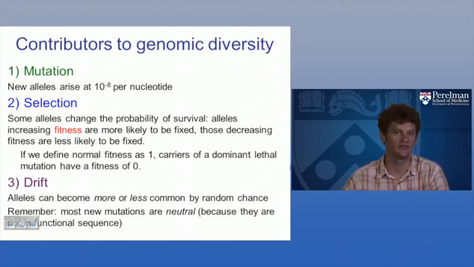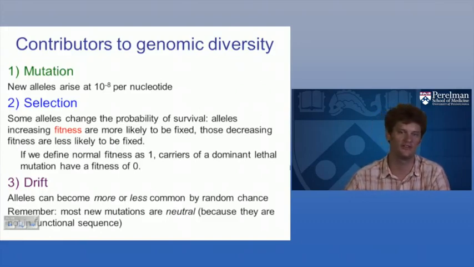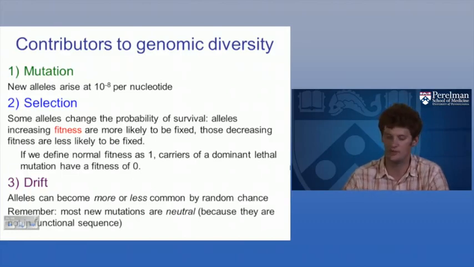And if you have a mutation that increases the chance of survival and passing that gene on to your progeny in future generations, then that is more likely to increase in the population and become fixed. We can define extremes: normal fitness is 1, then a carrier of, say, a dominant lethal mutation would have a fitness of 0, assuming it's lethal prior to reproduction.